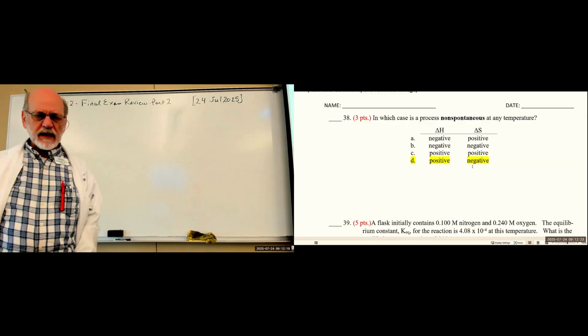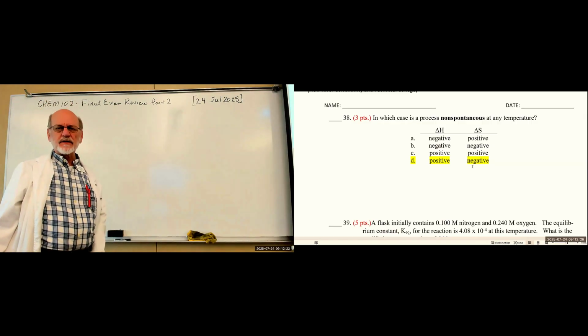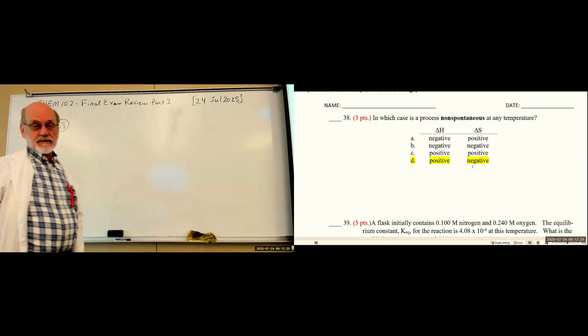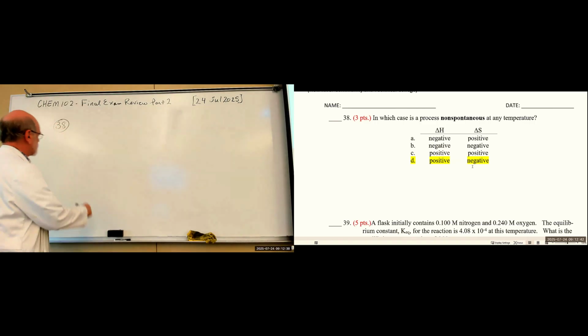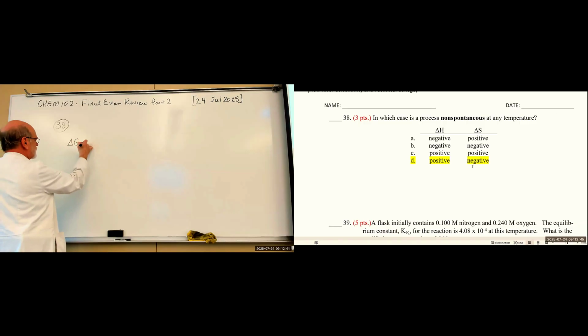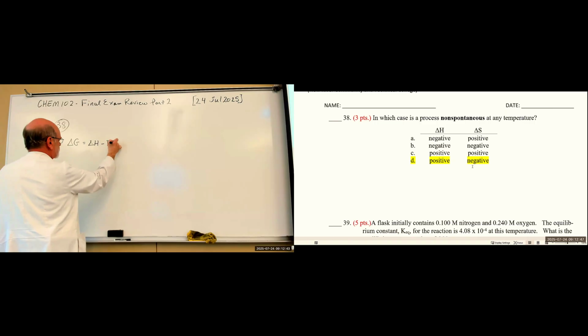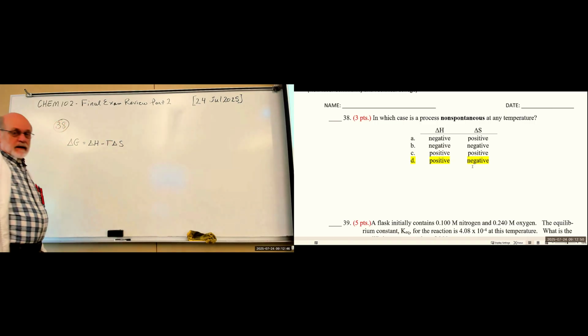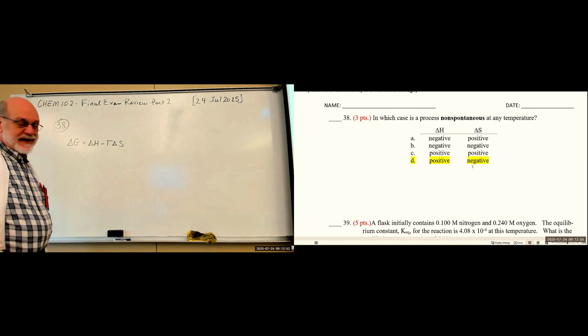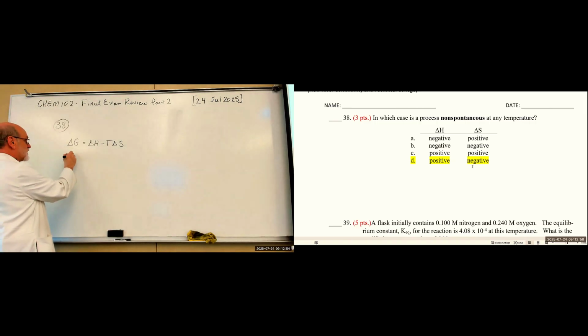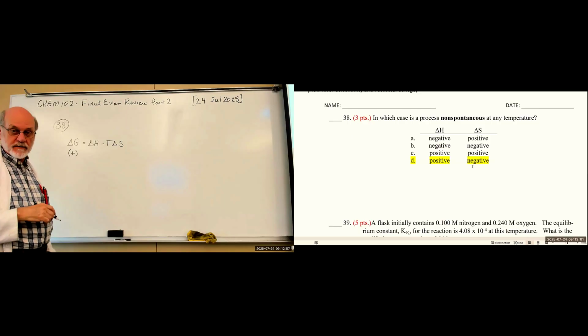Right. 38. In which case is a process non-spontaneous at any temperature? All right, for this one, you need to go back to Gibbs law, Gibbs equation. There we go. So we're looking for non-spontaneous at any temperature. I mean, this has to be positive to be non-spontaneous.